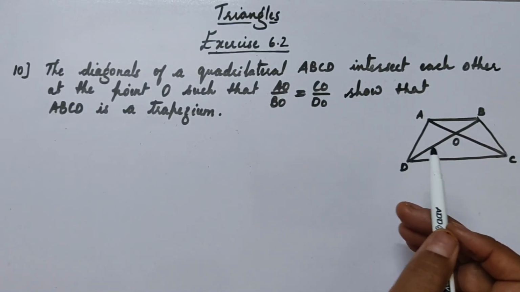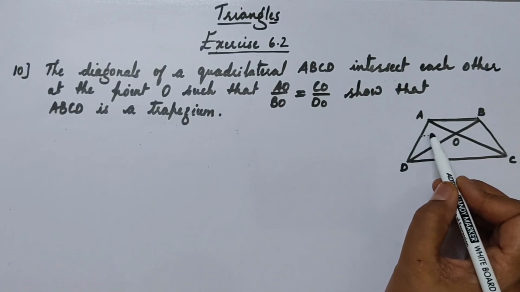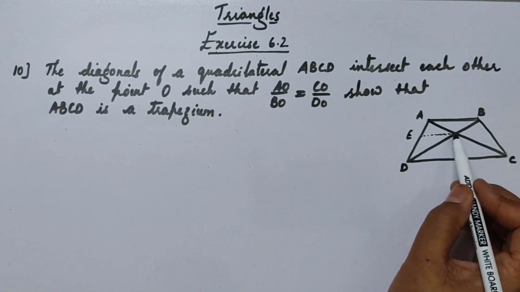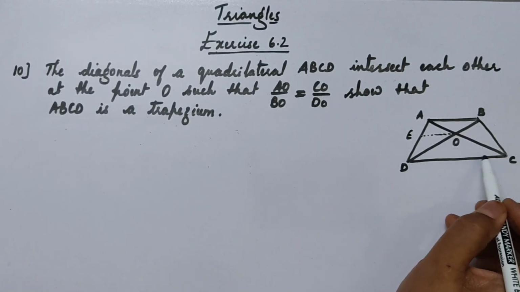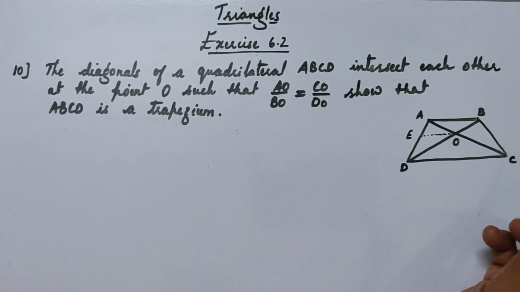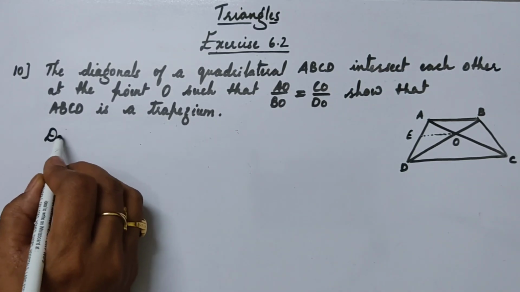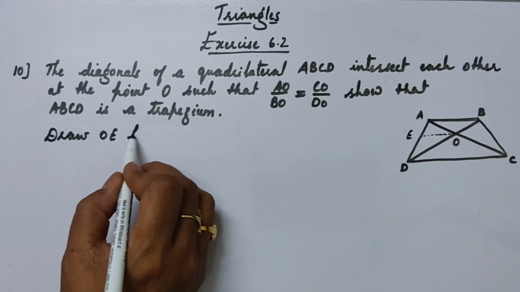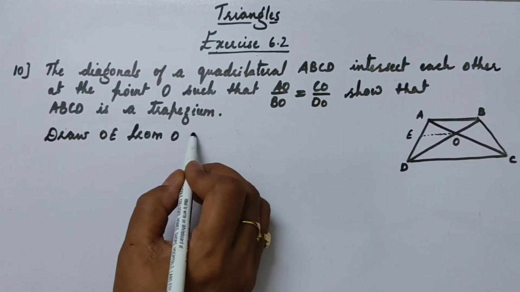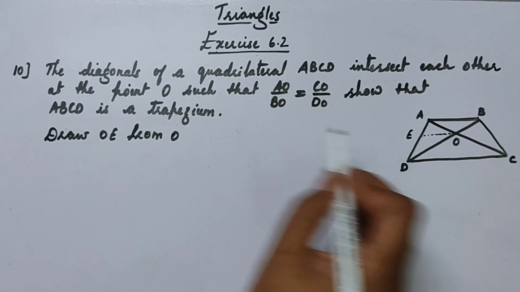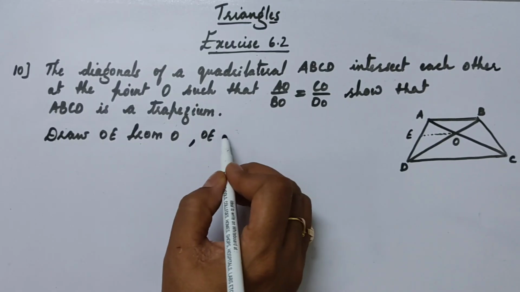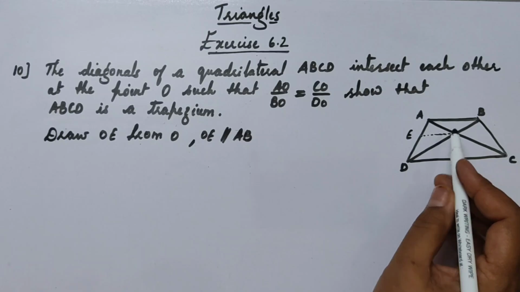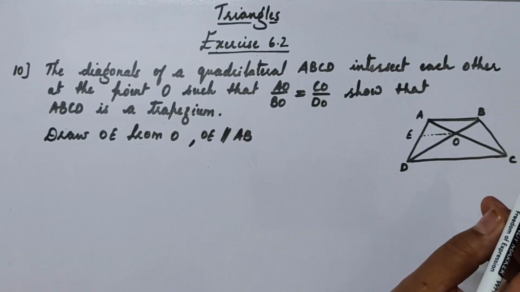To prove that, I need to draw OE through O such that it is parallel to CD and AB as well. So now we can say that OE is parallel to AB.